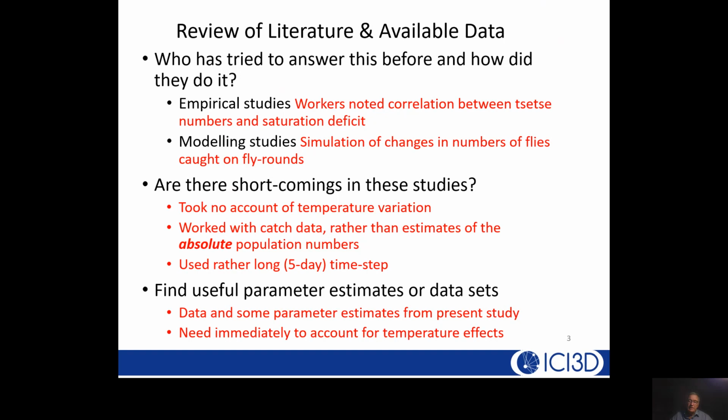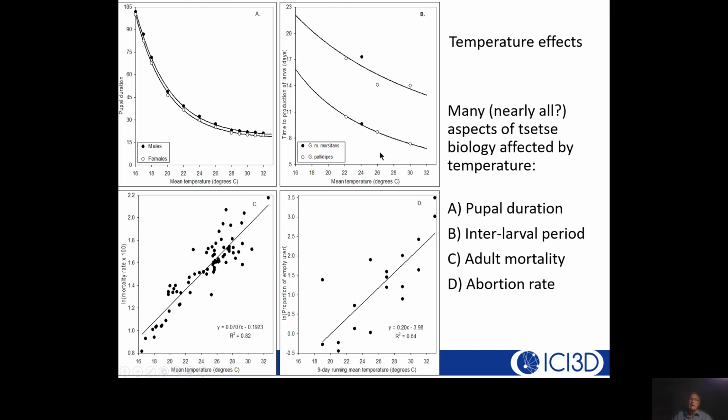The data we're going to use comes from the Antelope Island experiment, and quite a lot of the parameter estimates come from there as well, but also from 50 years of work done on tsetse flies in the laboratory and in the field. And we find that temperature is centrally important to an awful lot of things.